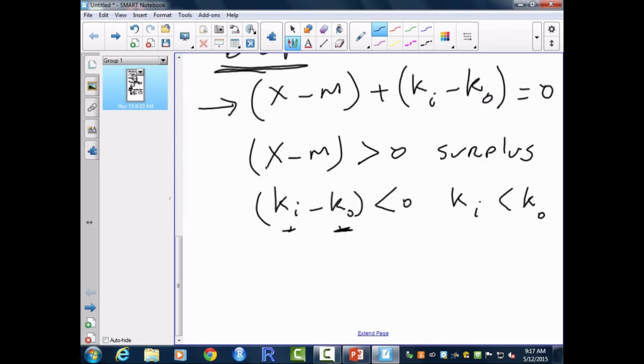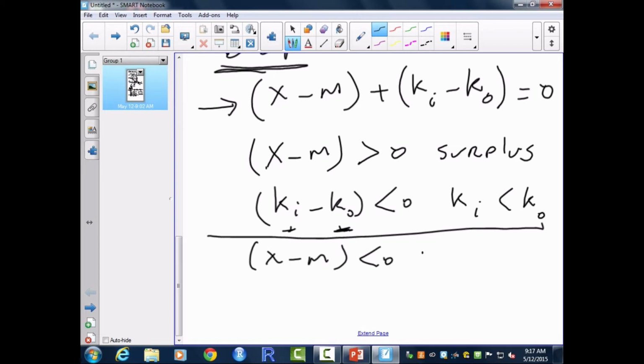On the other hand, if export minus import is negative, that means you have a deficit in your trade. Then capital inflow minus capital outflow would be positive, right?